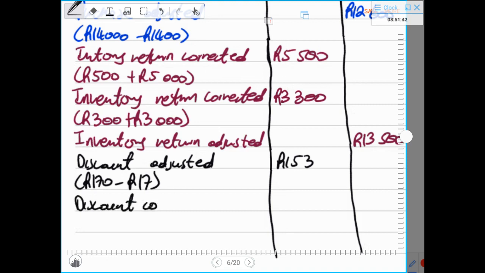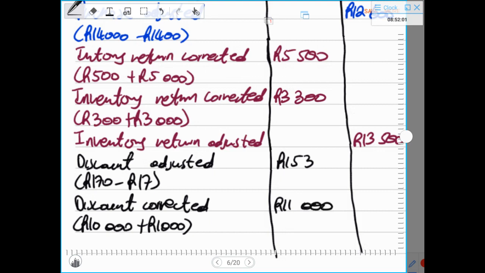We cancel the 10,000 on the debit side, and we record the right amount of the discount, which is 1,000 on the debit side, and it becomes 11,000 rands.